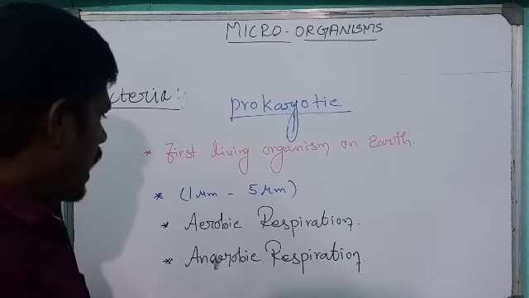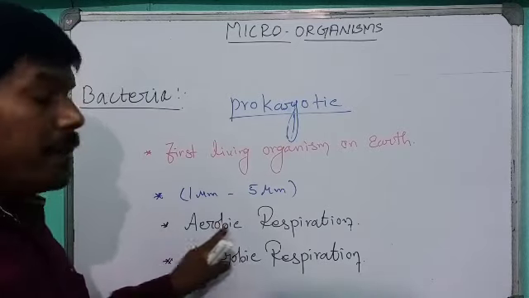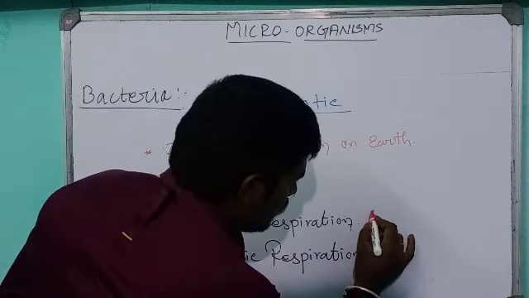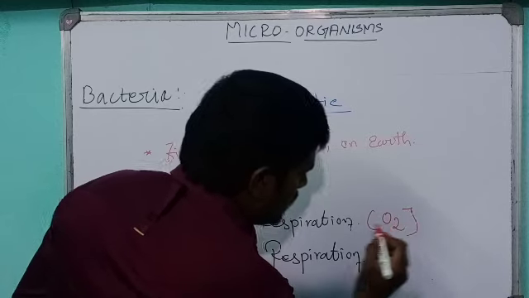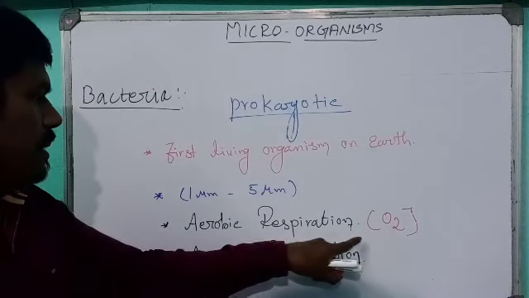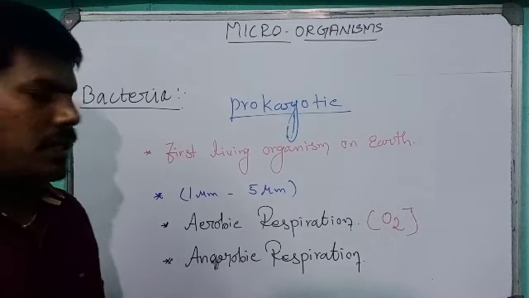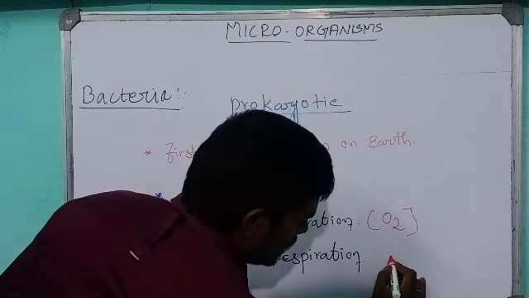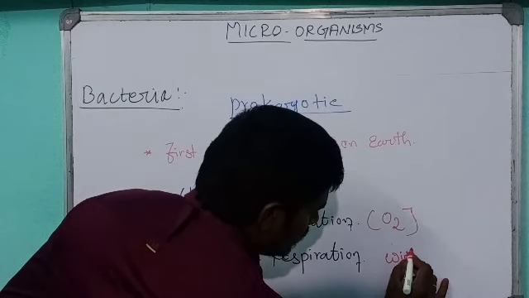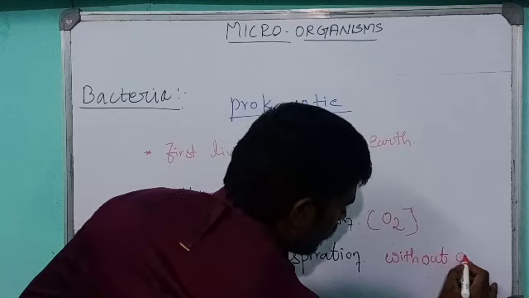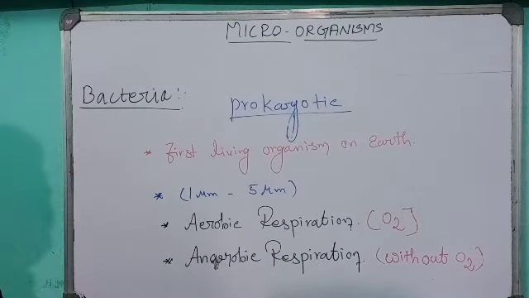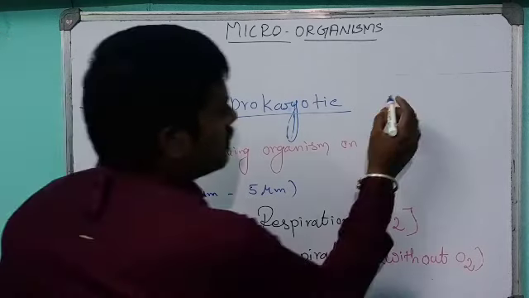Aerobic respiration utilizes or requires oxygen. It needs oxygen. Respiration that utilizes oxygen is called aerobic respiration. Anaerobic respiration means oxygen is not required, that is, without oxygen. The study of bacteria is called bacteriology.